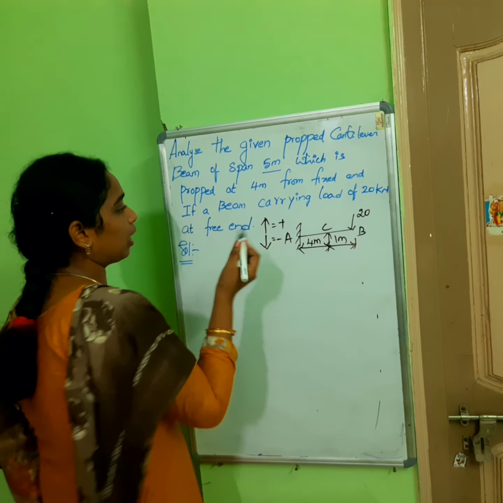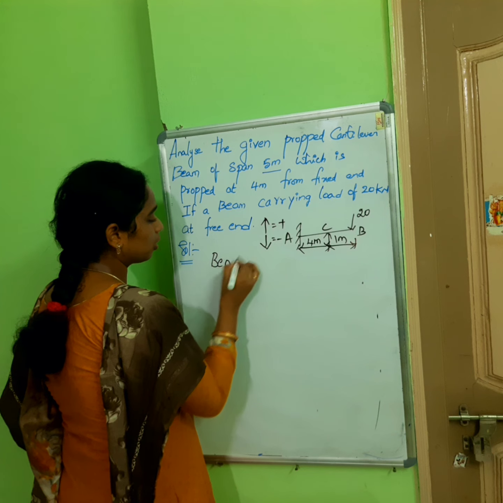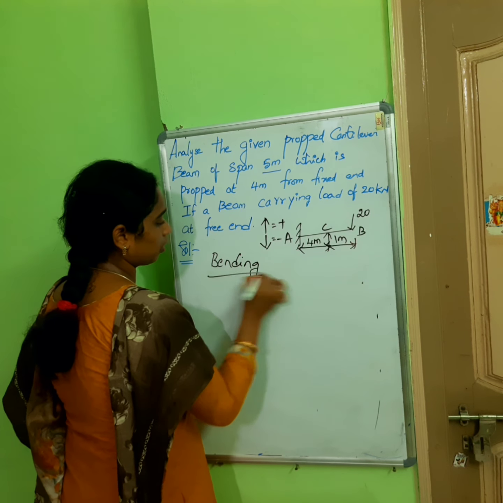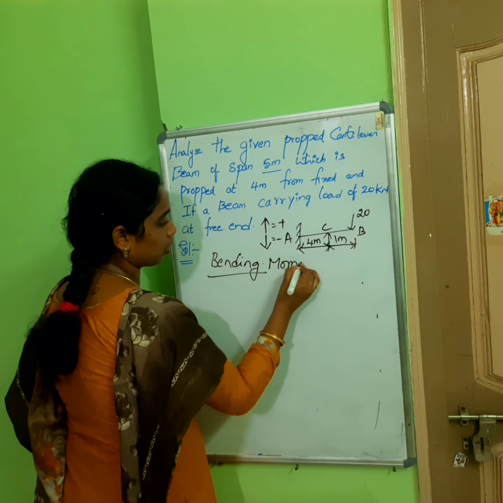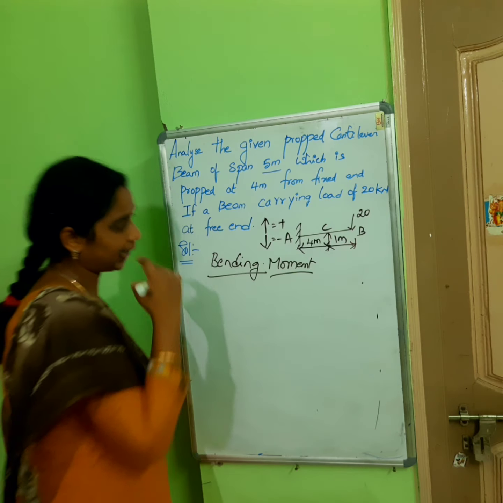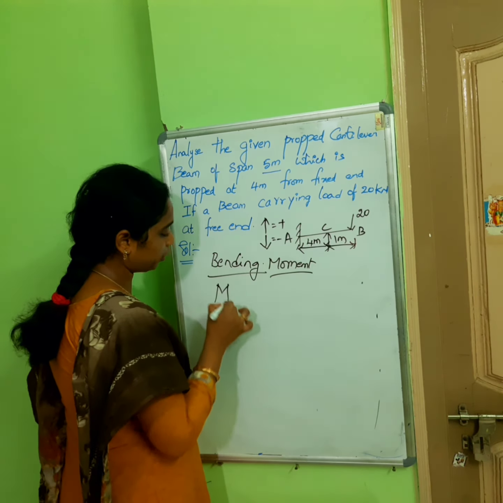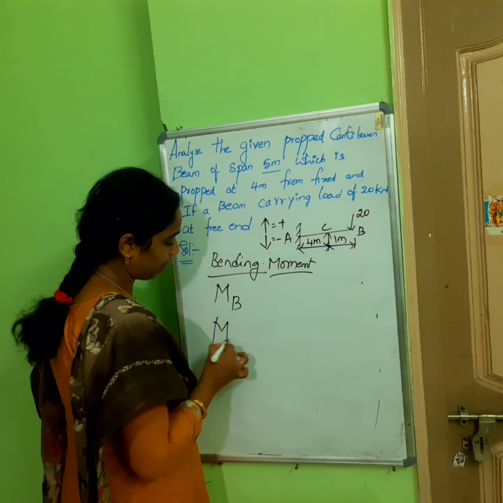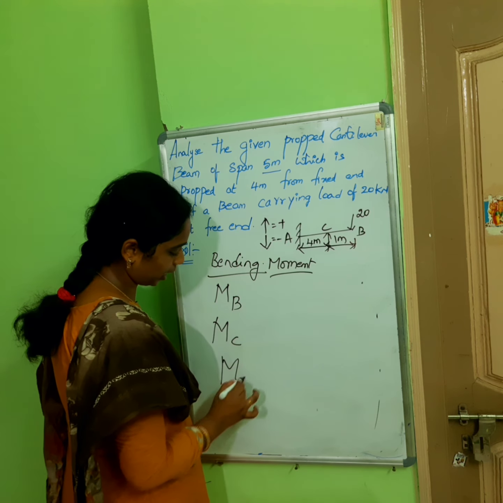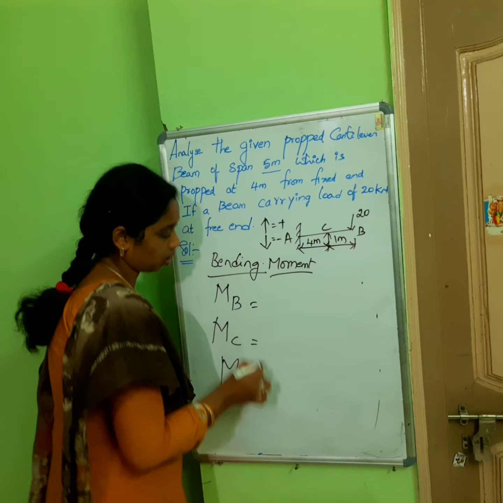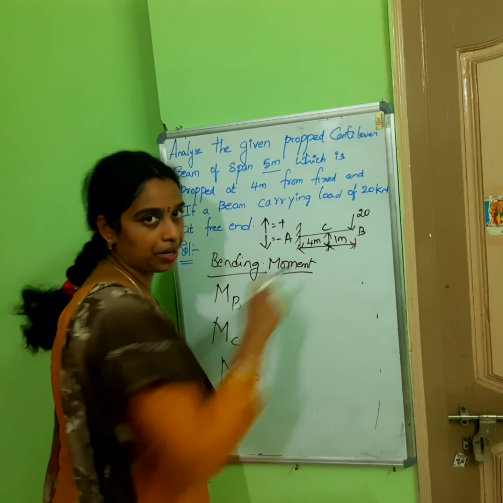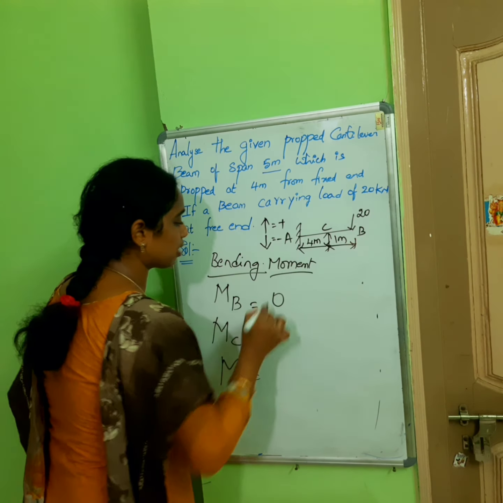Where should we calculate the bending moment? Bending moment means I need to take it from free hand. So I need to calculate the moment at B, the moment at C and the moment at A. I am calculating from free hand, so it is 0.